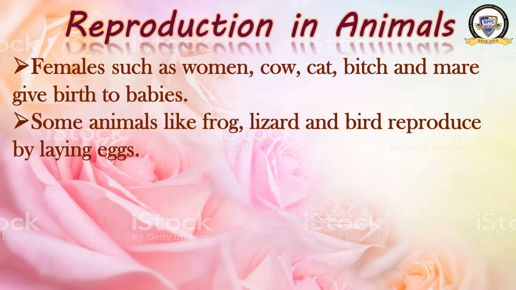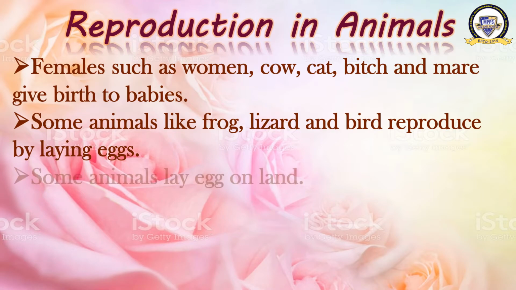Some females give birth to babies, but some females of some animals like this frog, lizard, bird, etc. What do they do? They reproduce by laying eggs. They lay eggs and from that egg the new baby comes out.